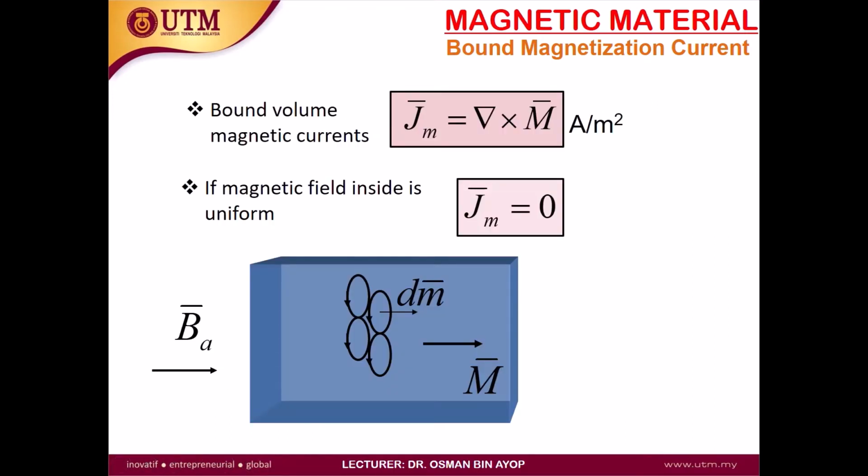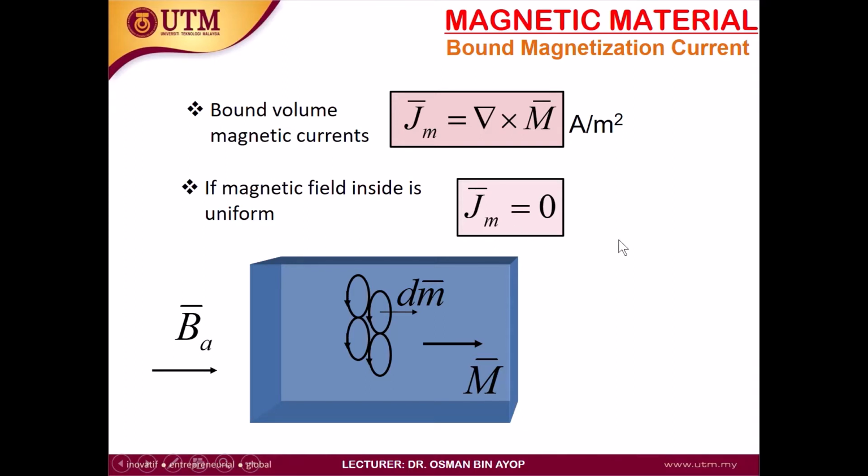Then we have the bound volume magnetic current, where we define Jm equal to the curl of M, and the unit is ampere per meter square. If the magnetization inside is uniform, then Jm is equal to 0.